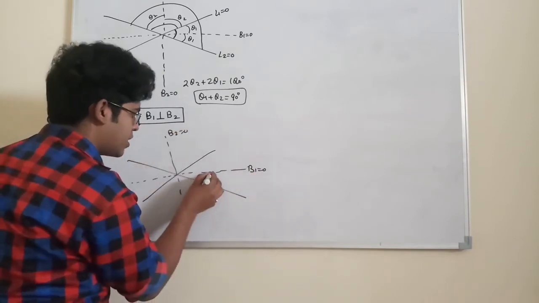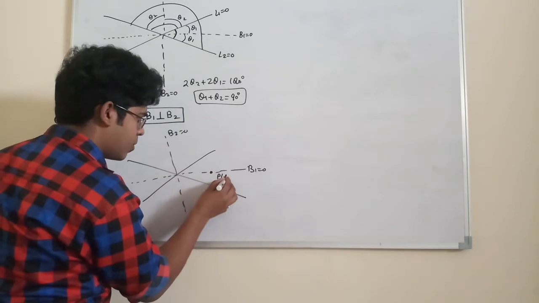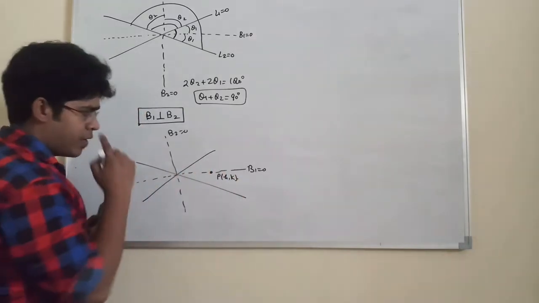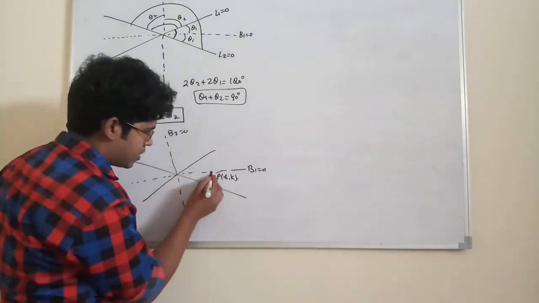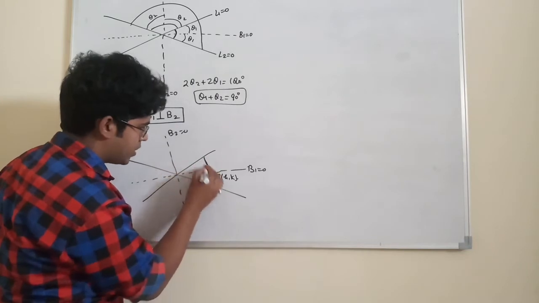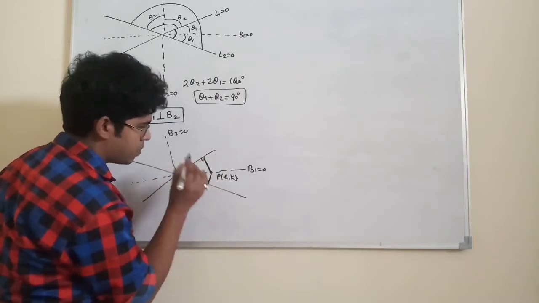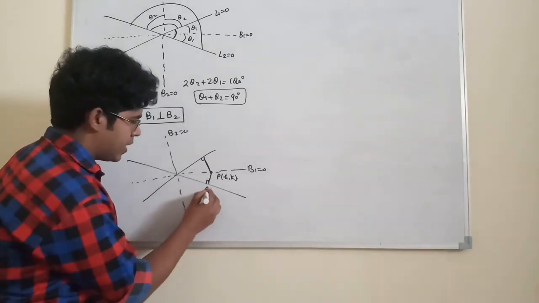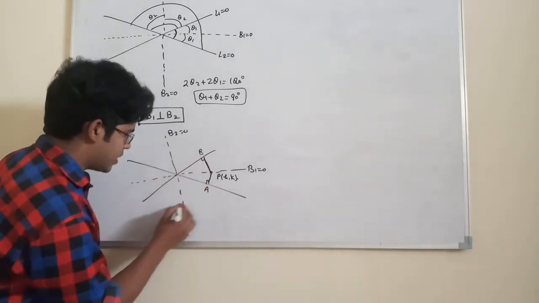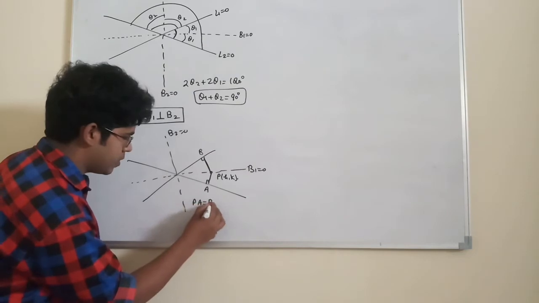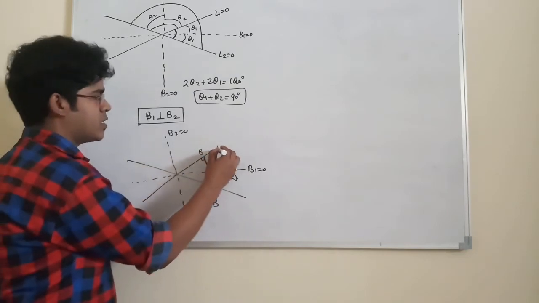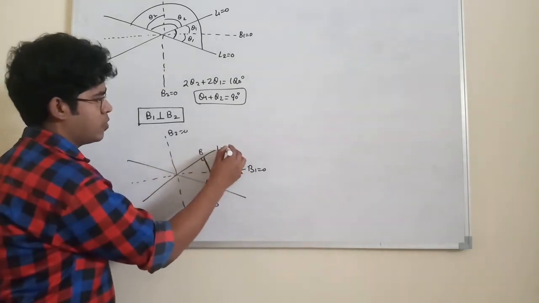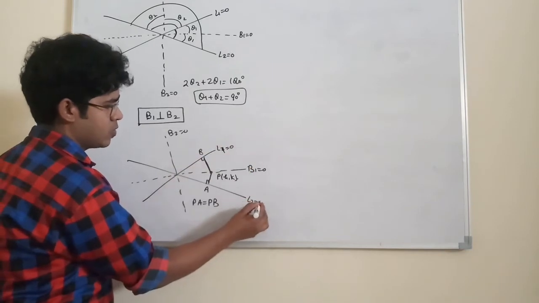Suppose this is a point P here, which is h comma k. If it moves such that the perpendicular distance from both of these two lines is equal, then we say that the locus of point P is the angle bisector. Suppose this point is A and this is B, so definitely I can say PA is equal to PB. This is L1 is equal to 0 and this is L2 is equal to 0.